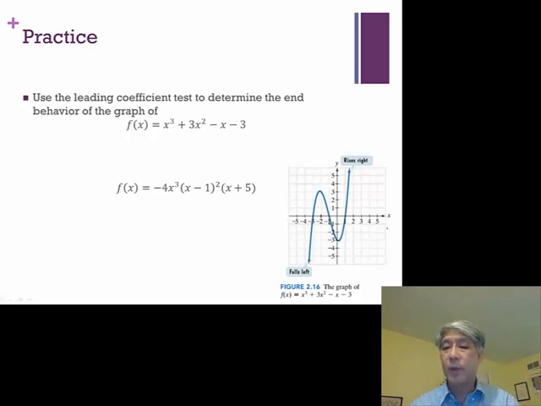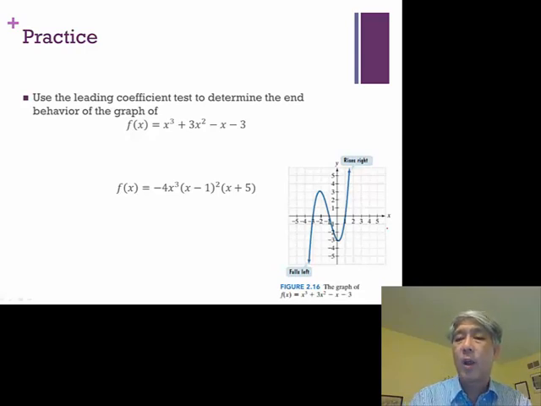In the given picture, which is x cubed plus 3x squared minus x minus 3, it goes up on the right, down on the left. My degree is 3, x cubed. The leading coefficient is plus 1, and so it's going to be up on the right, down on the left. And for the next one, you shouldn't have to multiply that out to find the leading coefficient, because you know what all the x's are going to turn out to be.